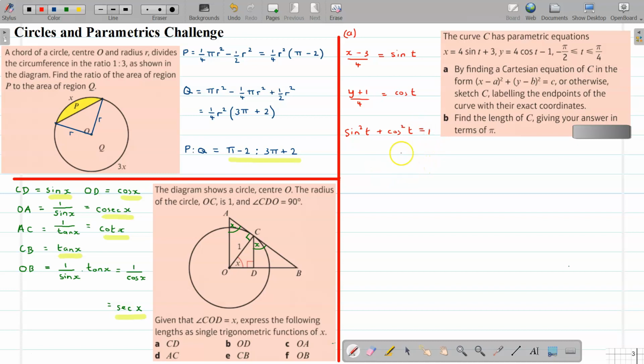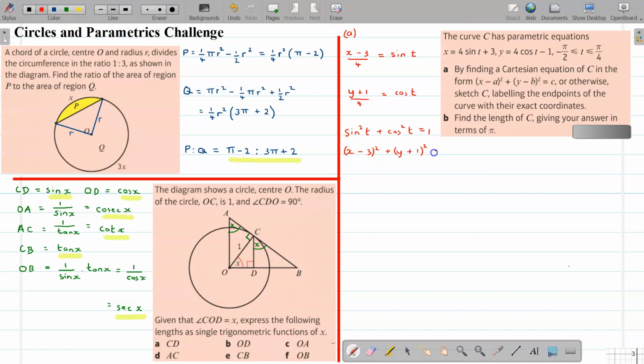So what I'm going to do first is multiply everything by 4. So when I square, I'm going to end up with a denominator of 16. So I'm going to set the right hand side to 16. So I'm going to have that x minus 3 squared plus y plus 1 squared, and each of those would have had a denominator of 16, 4 squared.